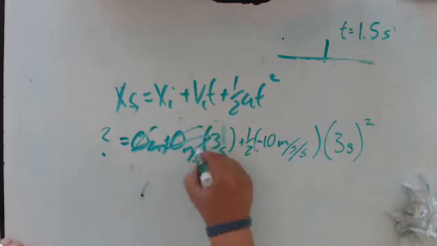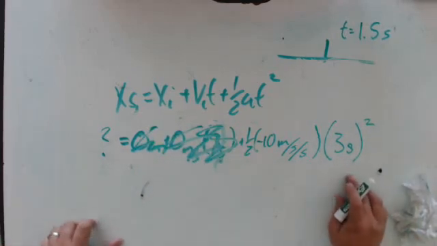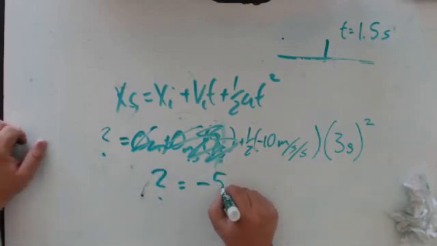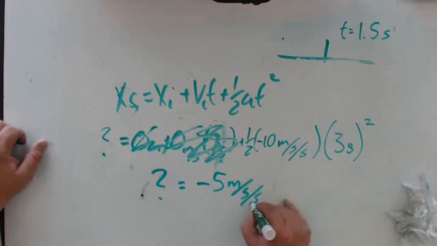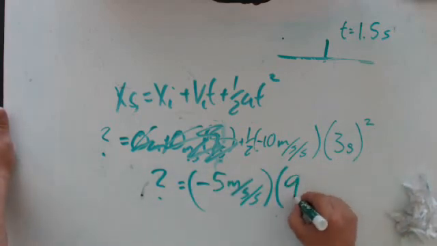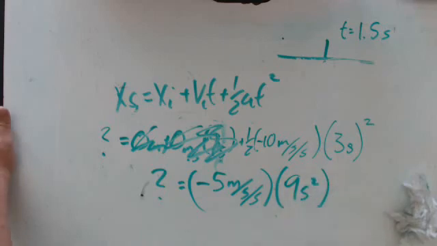That term goes away, that term goes away, and I'm only left with this. So the position is equal to negative 5 meters per second squared times 3 squared, 9 seconds squared.